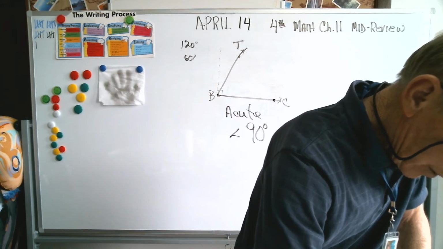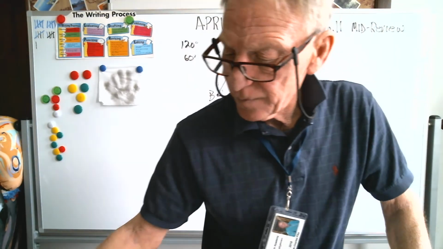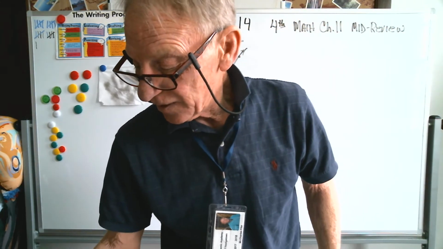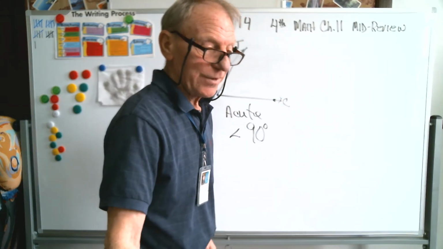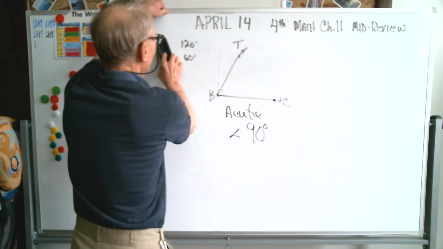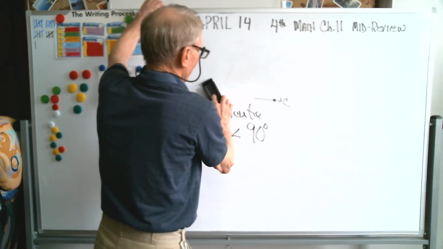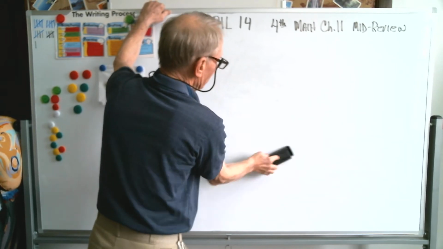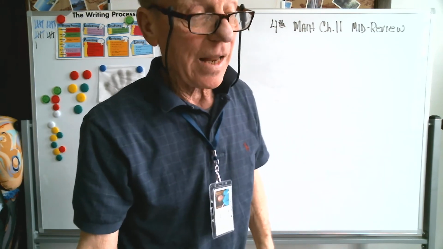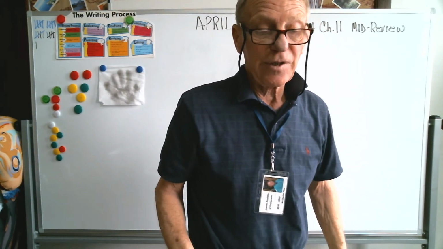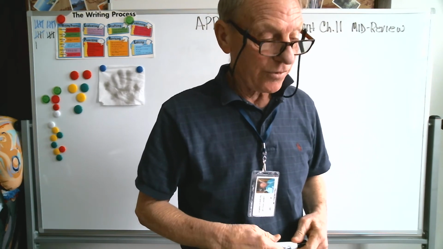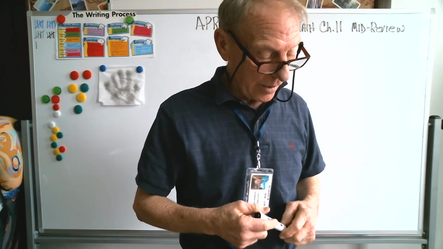And I'm going to discover that the picture I drew on the board was exactly what it was in the book, 60 degrees. So if you have a protractor, you can go ahead and check that. And just remember, if the line isn't big enough, just take a ruler or a straight edge or something and extend the line so that you see where it crosses the number on the protractor.